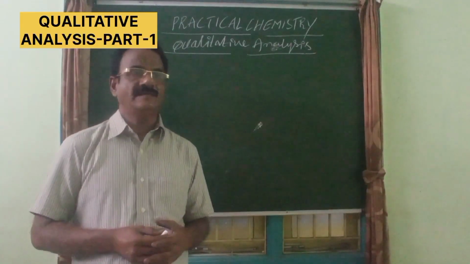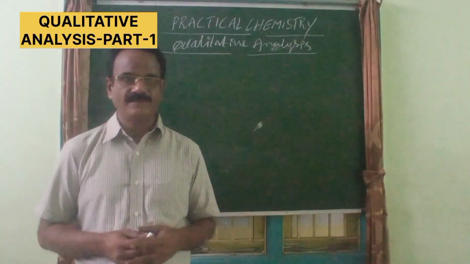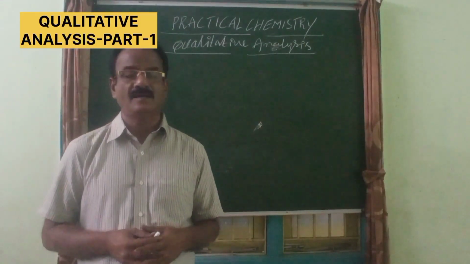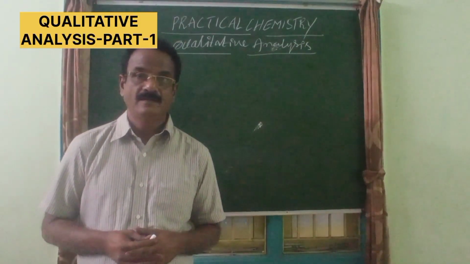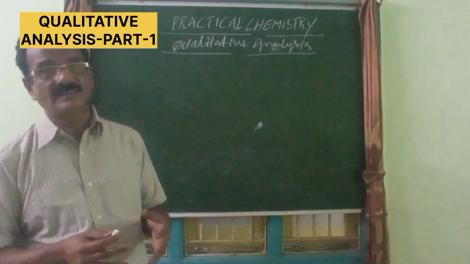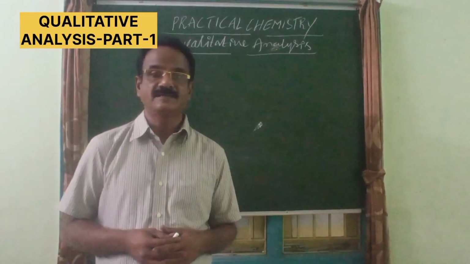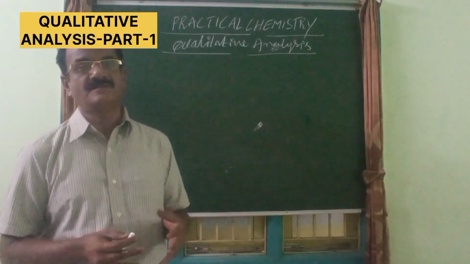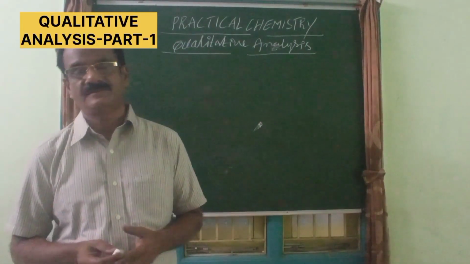In case of organic chemistry, we used to call it a compound, but in case of inorganic chemistry, a substance used to be called a salt. Here, let us see what is the difference between compound and salt.